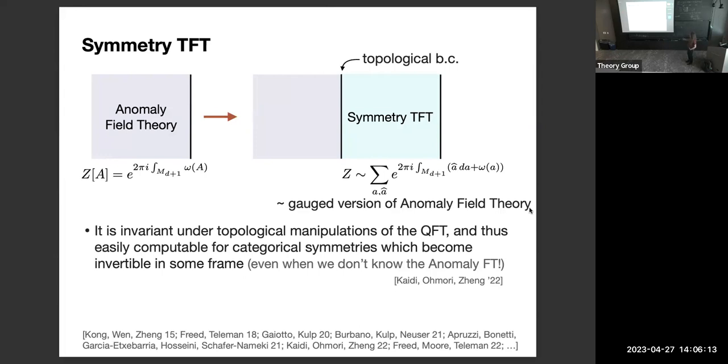So I have this slab picture where on the left-hand side is this possible anomaly field theory whose action I reproduced here. And then I have this D+1 dimensional TQFT that lives here, and I apply boundary conditions on either side of this interval or slab.